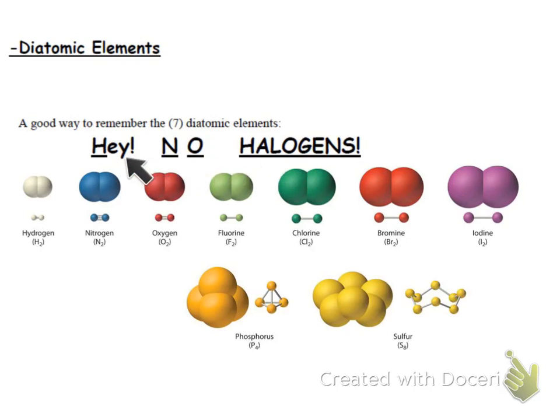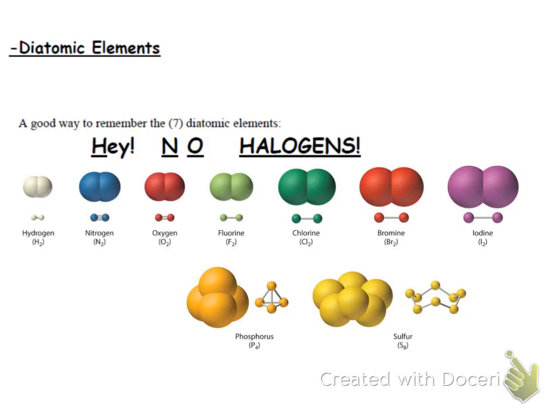The capitals are the diatomics: H for hydrogen, N for nitrogen, O for oxygen, and then the halogens. Remember that fluorine and chlorine are gases, bromine is a liquid, and iodine is a solid.